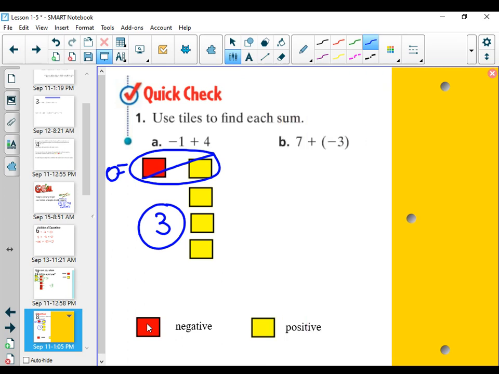Here's another one. Give it a try. Pause the video for more time.